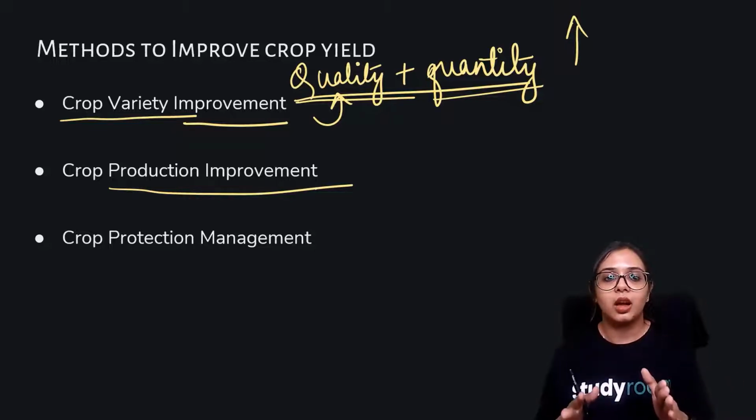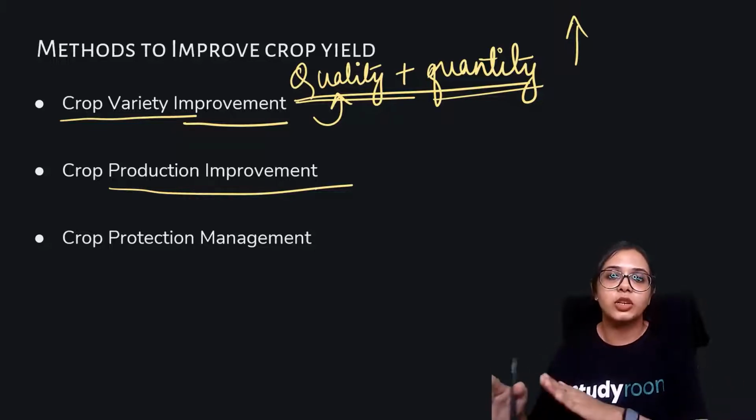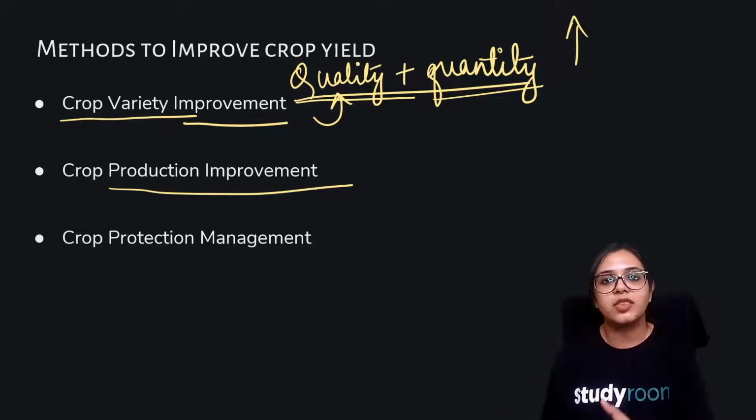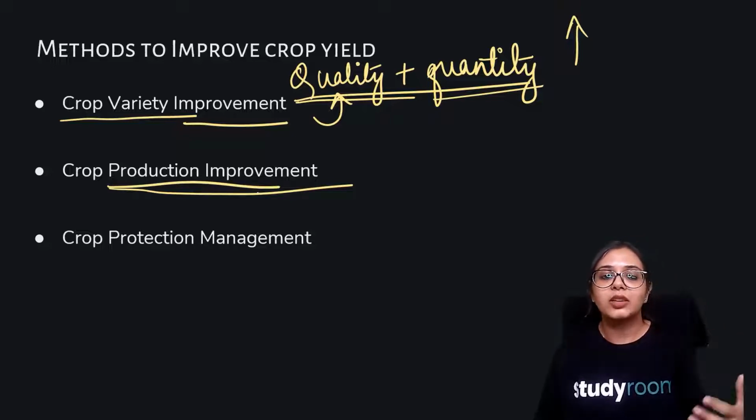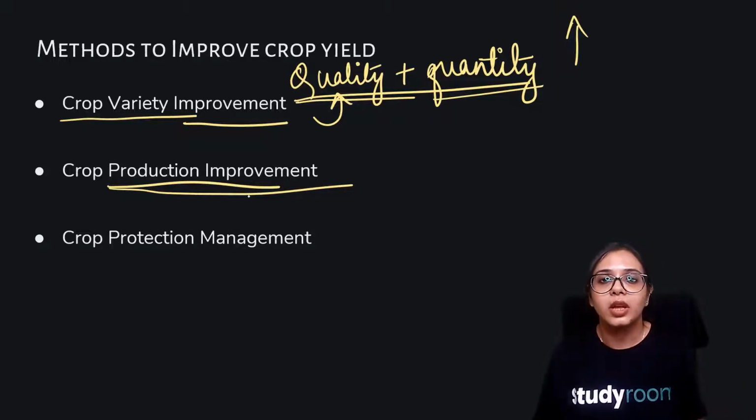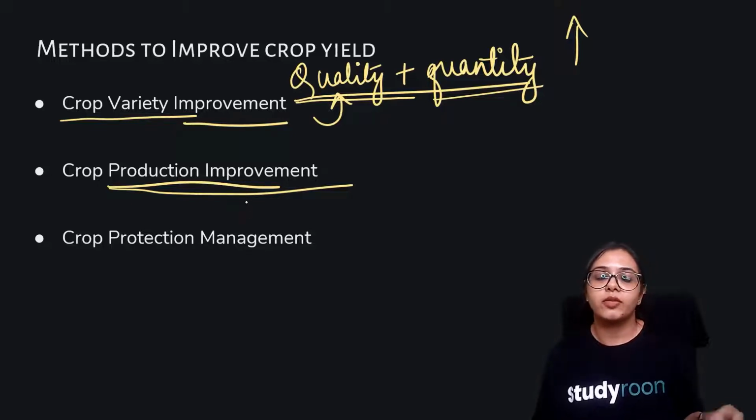You will place the plant in such an area that it's getting enough sunlight and enough air. All these are essential in how you're going to improve crop production. What other methods can you incorporate as well? And if the crop is getting damaged by any adverse climatic situation, like drought or floods, how are you going to improve that production? How are you going to manage it?